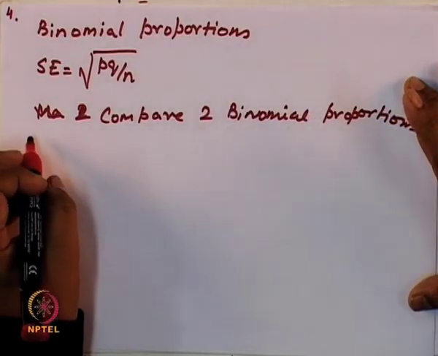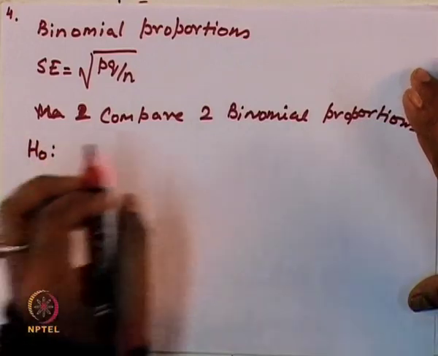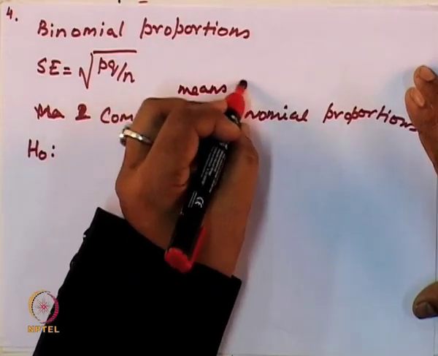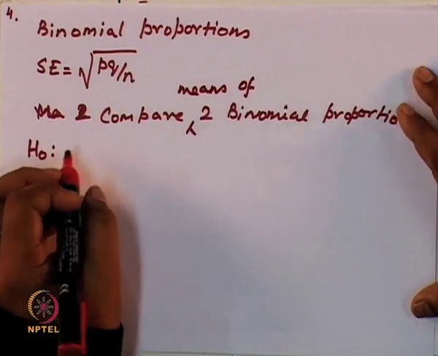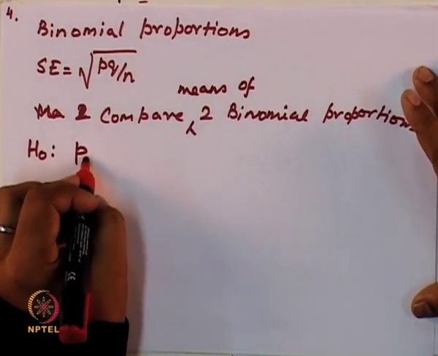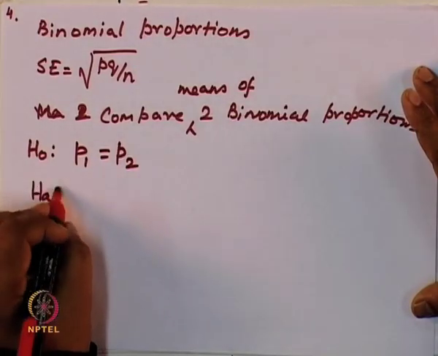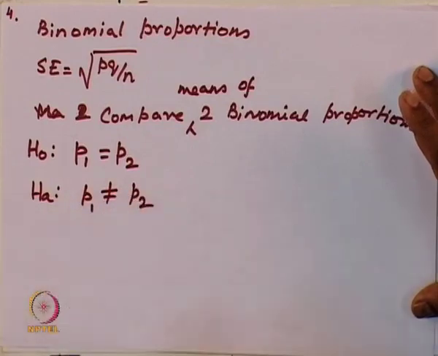So, in that case, let us say our null hypothesis. We want to compare the means of two binomial proportions. In this case, my H naught is going to be proportion p1 equal to p2, and H a is going to be p1 not equal to p2.